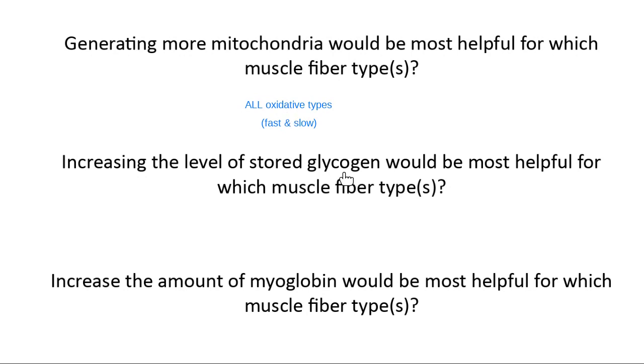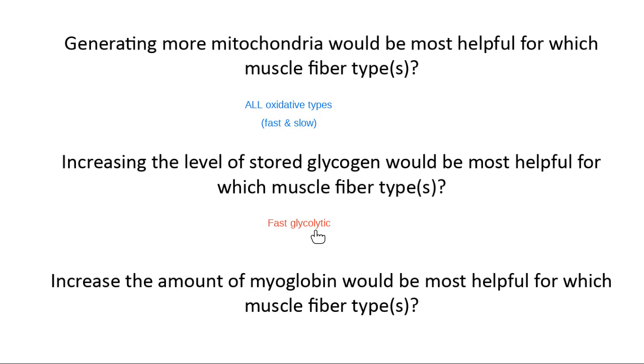If I increase the amount of glycogen, who's that going to help? Who uses glycogen to build their energy? Yeah, that's my glycolytic fibers, right? We have one type of glycolytic fibers, fast glycolytic fibers. They use glycogen to build their energy.